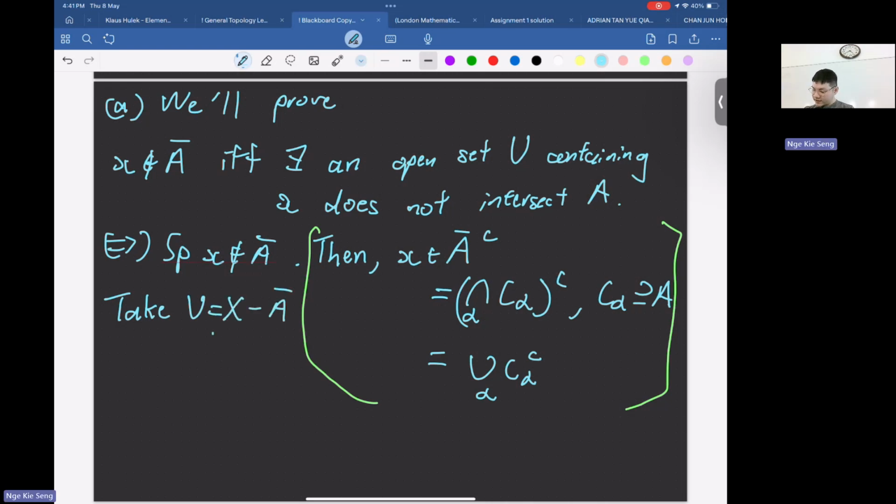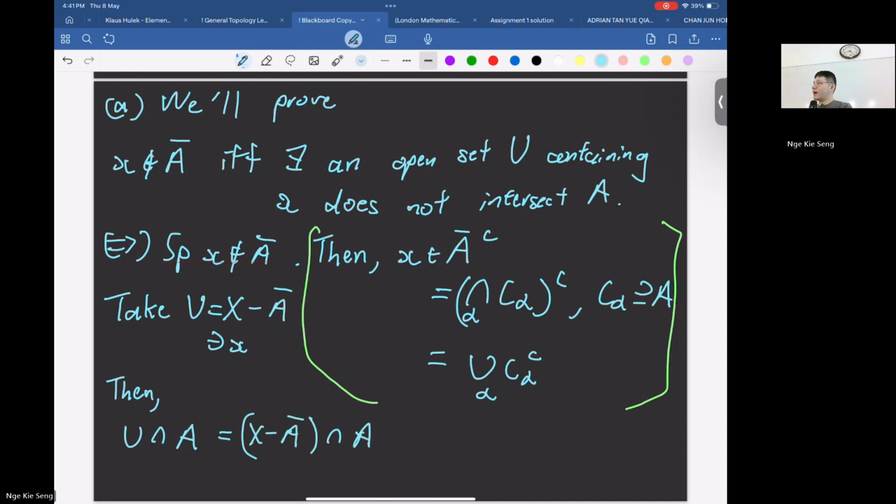Obviously, this set will contain X. So the question is, what is U intersect A then? Which is equal to X minus A bar, intersect with A, which is A bar complement intersect with A.